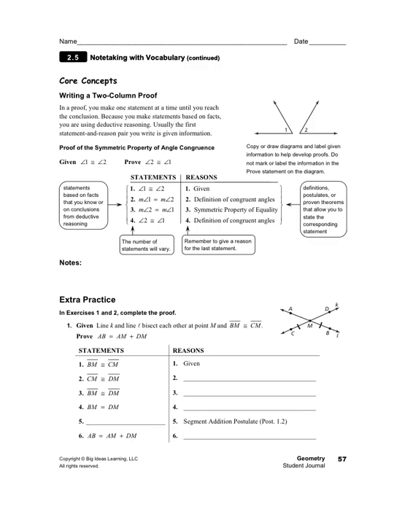So if they bisect each other, then AM and MB are also congruent, and we know that all of these segments are equal.